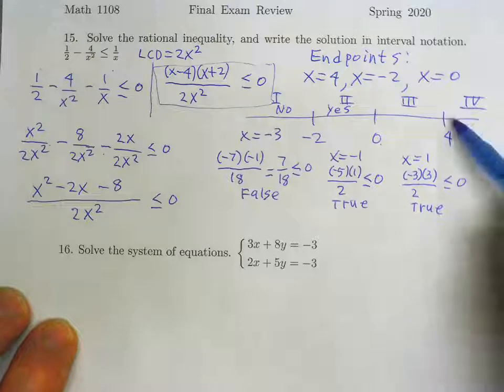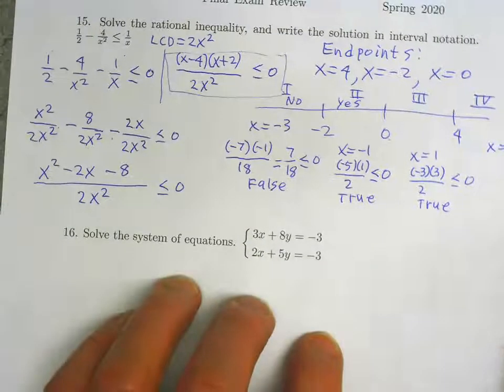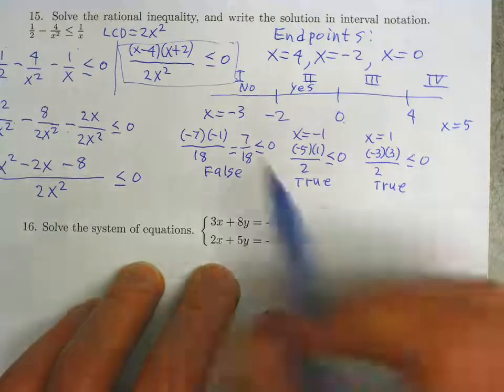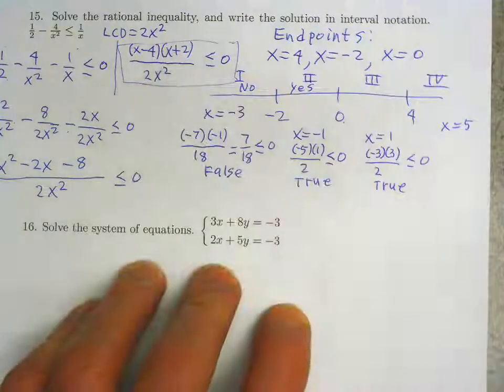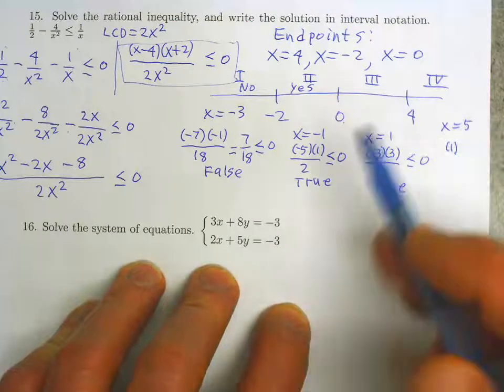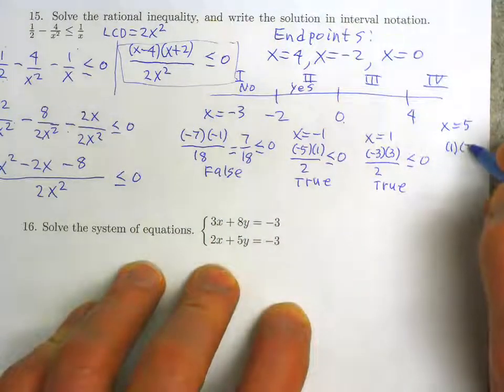And then in the fourth interval, if we pick x to be 5, and then replace every x in the inequality with 5, 5 minus 4 is 1. 5 plus 2 is 7.